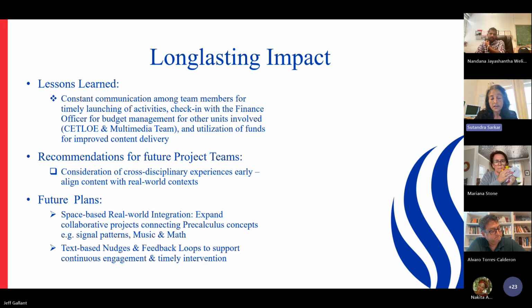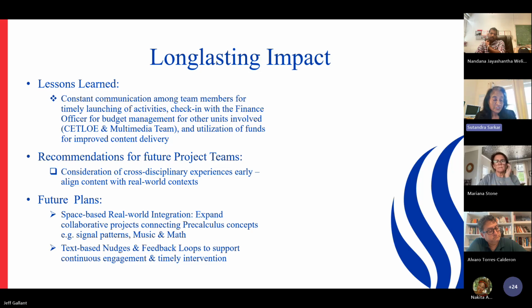So those things definitely came in handy, but making sure the budget is utilized properly and also for our own improved content delivery, the support was meaningful as well. So, I think it's a good idea for us to remember that we do check-ins regularly.